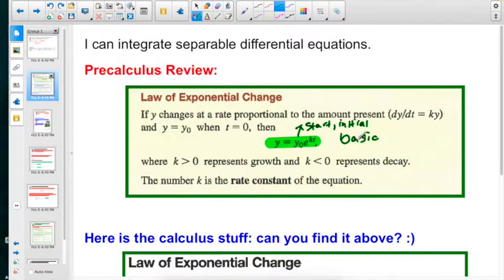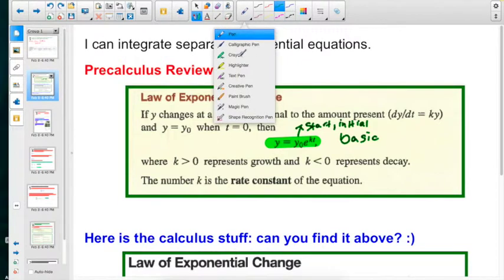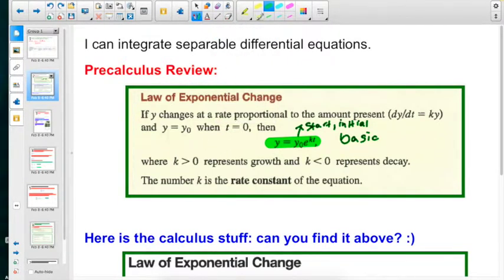That initial value, we'll see where that comes about today with our anti-differentiation. And then we also have to remember that back in pre-calculus, we acknowledged that our constant, our k value, when it's positive, it represents growth, and when our k value is negative, it represents decay.